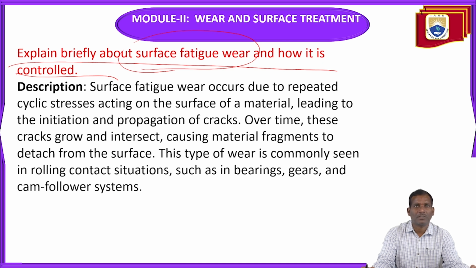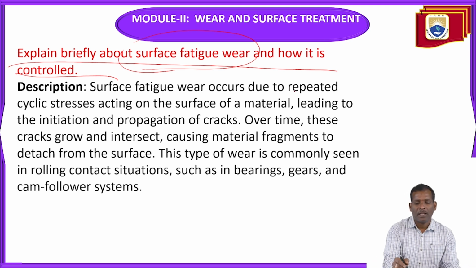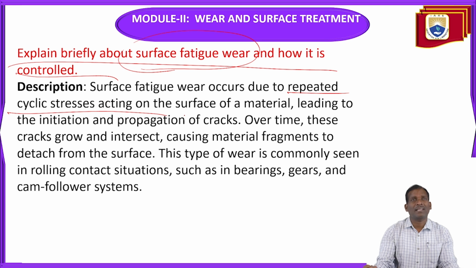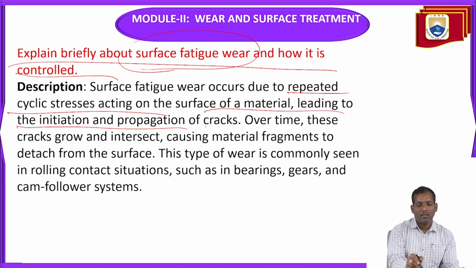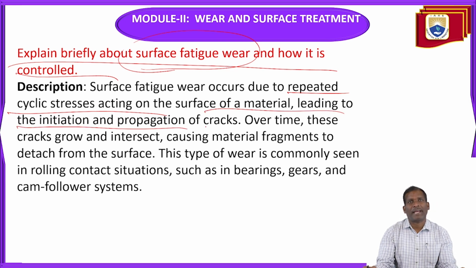We have already studied fatigue wear in the previous question. Once again, surface fatigue wear occurs due to repeated cyclic stresses acting on the surface of a material, leading to the initiation and propagation of cracks.